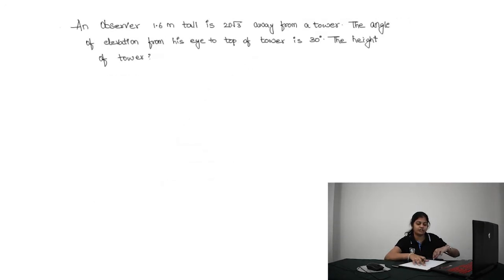Moving on to the next question. An observer is 1.6 meter tall. Given that a person is 1.6 meter tall and he is standing away from a tower, which is located at a distance of 20 root 3. Let us assume the tower as OP.